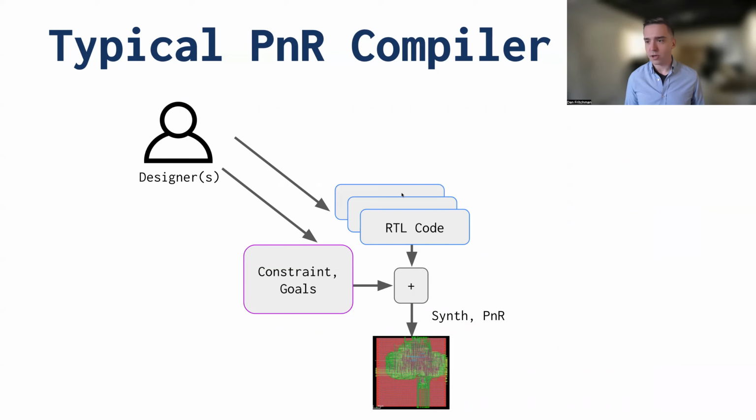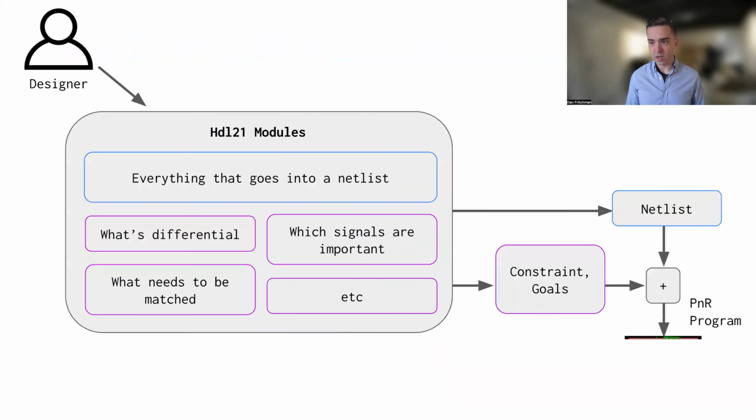One is HDL code, generally at RTL level, to describe the circuit, and two is some physical information describing constraints about what size and shape it should take on, clock frequencies, what the goals are for what the PNR compilation stack should do. In analog circuits, those things are often more intertwined, and having an HDL, a hardware description, embedded in a general purpose programming language proves a very valuable place to intertwine them.